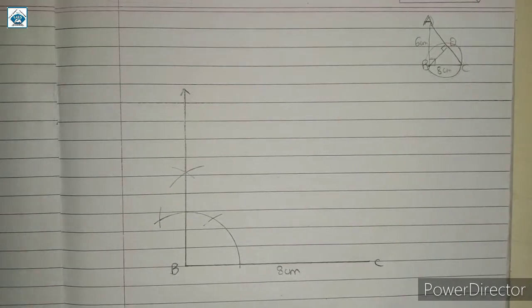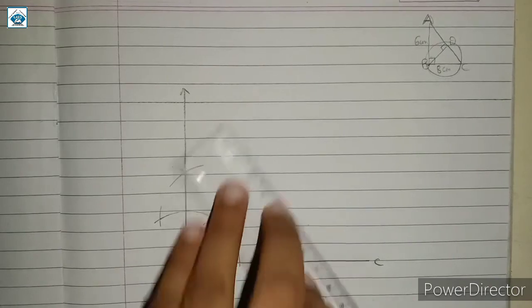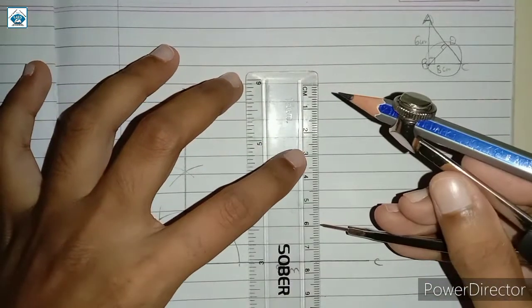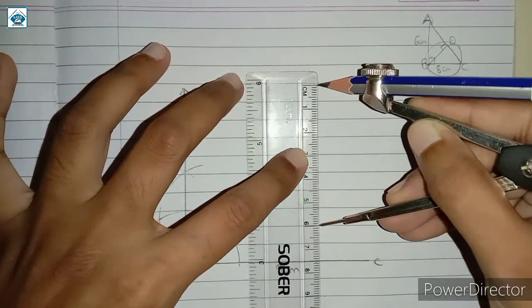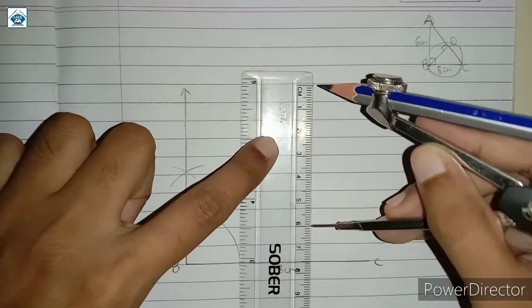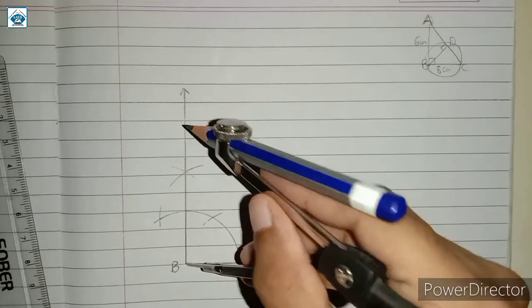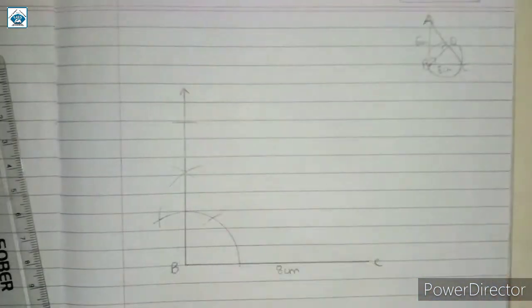Now next on this ray we are going to take a point A which will be 6 cm away from point B, because here it is said that AB is 6 cm. So let us measure 6 cm and keep the pointer at point B and draw an arc like this.